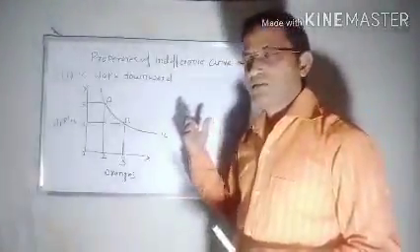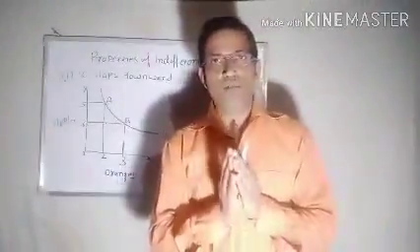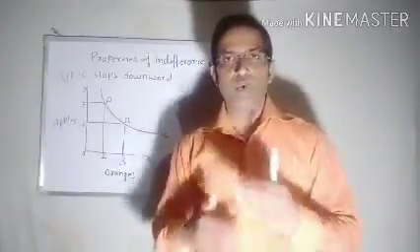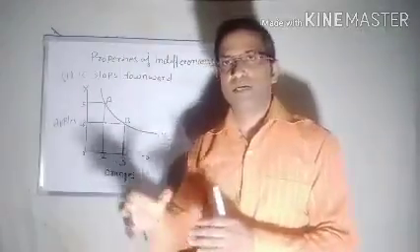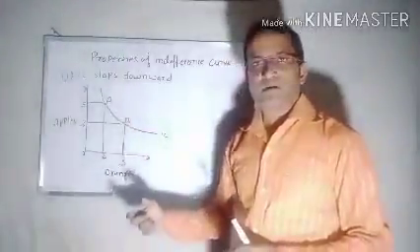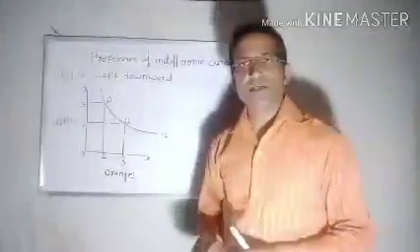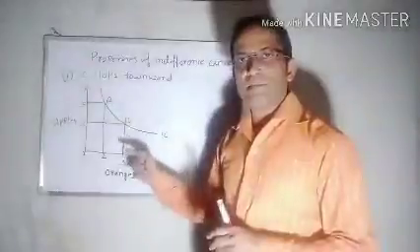Because of this attitude of a consumer, it always makes the IC curve slope downward from left to right. It means that he has a given income and he has to buy a combination within the income. He cannot go beyond the limit of his income, because he only knows that with the income he is earning, he can purchase only these combinations.